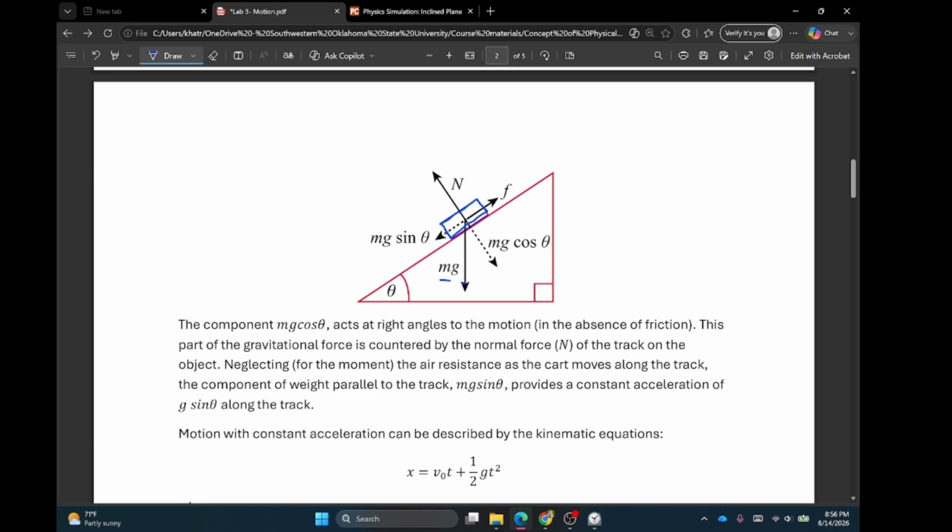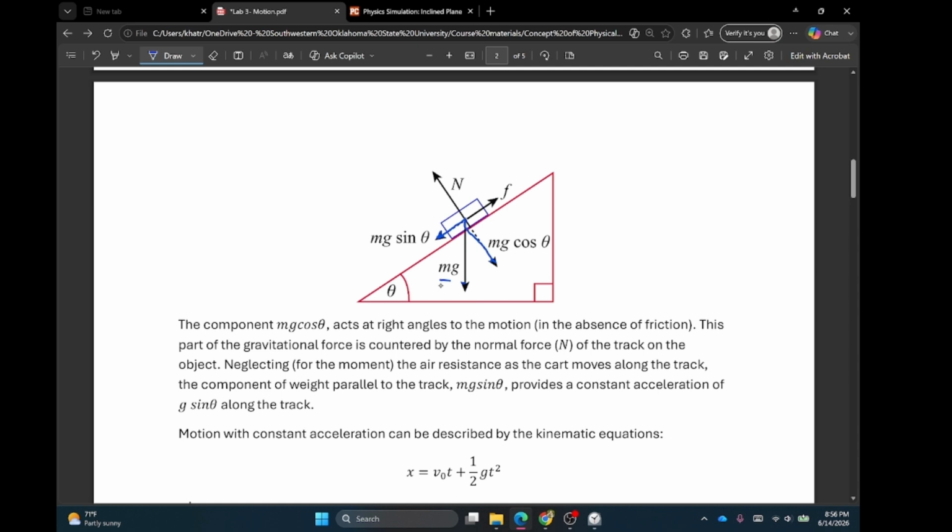And now if we have a force, we can always resolve it into components, and in this case we will resolve this force along two axes, one parallel to the surface, another perpendicular to the surface.